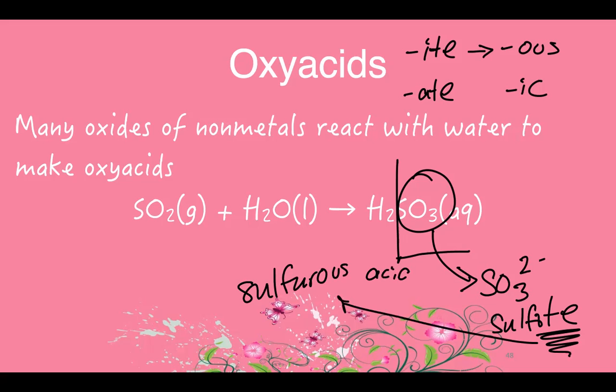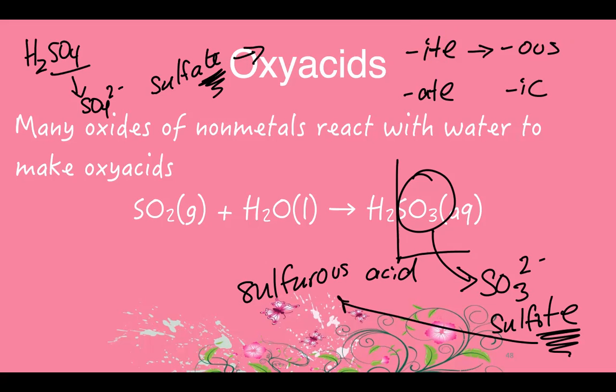sulfurous acid, itis, right? If the polyatomic ion ends with ITE, the name of the acid is going to be OUS. If I take H2SO4, and if I isolate SO4 as an ion, it's called sulfate, which means the acid is called sulfuric acid, adic.